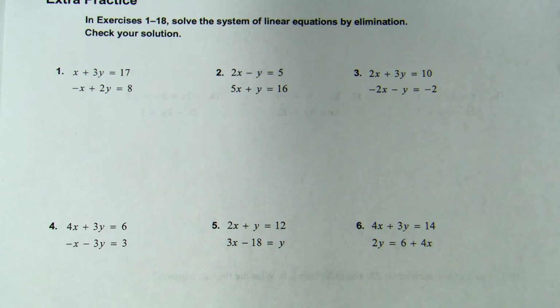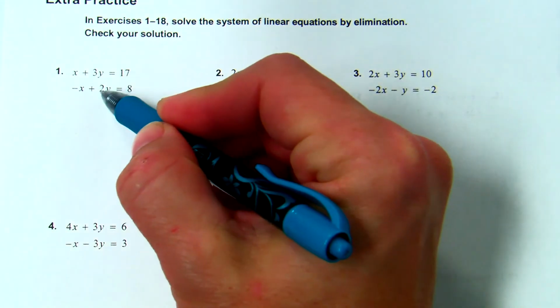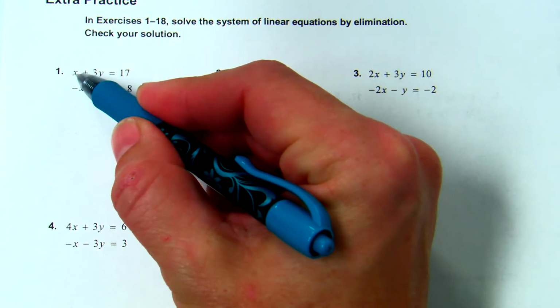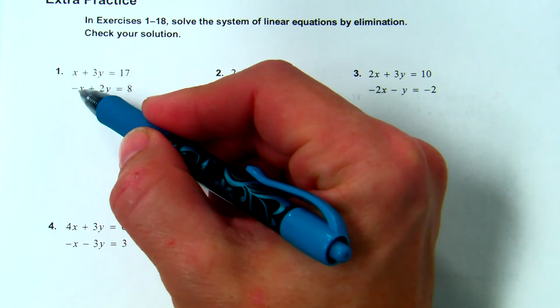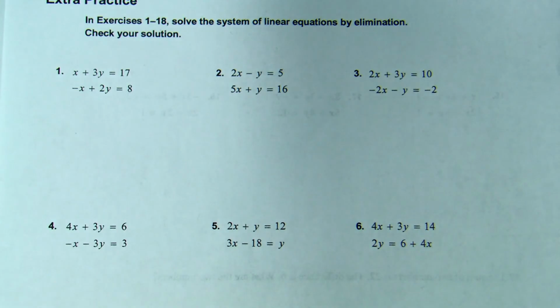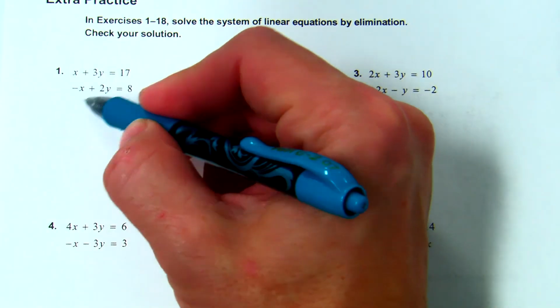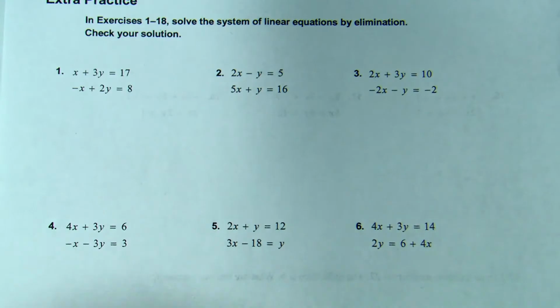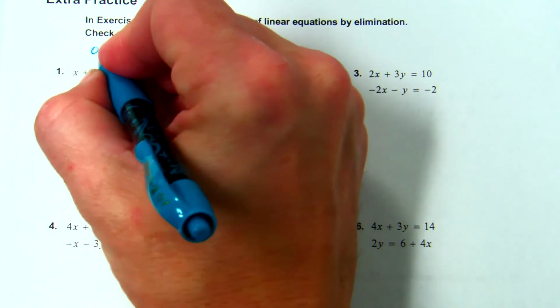X has a coefficient of 1. There's a 3 in front of the y here and a 2 in front of the y here. But in this top equation, I've got a positive 1. Here I have a negative 1. And if I were to add positive 1 and negative 1 together, then that would go away, wouldn't it? And that's what we're going to do. The signs are opposite.